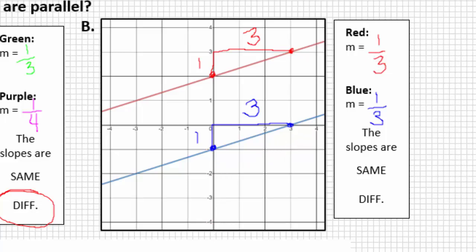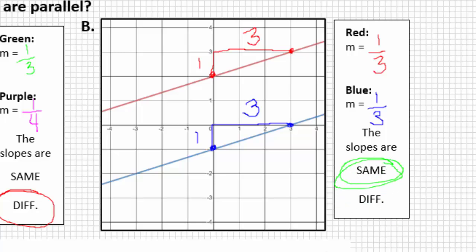The points I used for the blue line were 0, -1, and 3, 0. Drew in my slope triangle again, found that it also has a slope of positive 1/3. And so I would say that the slope of both of these lines is the same.